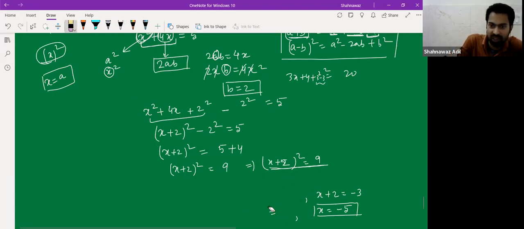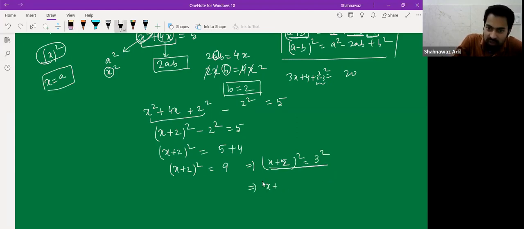I like this. Yes, I am just saying that you can do it. You have another method, which is this. We know that this is a square minus b square.